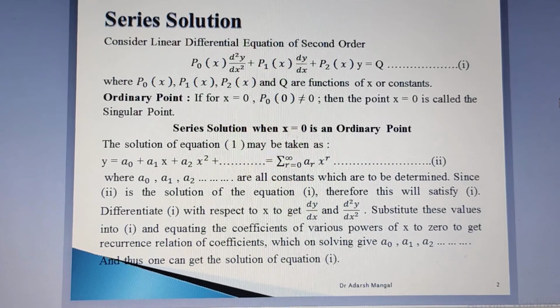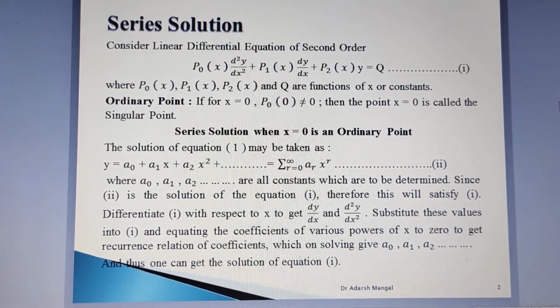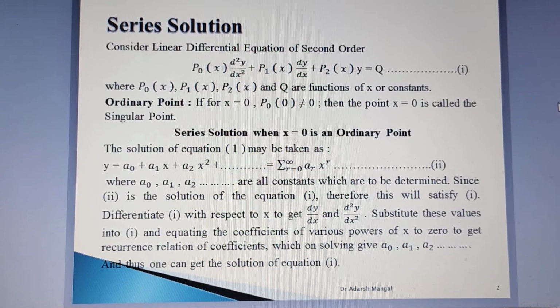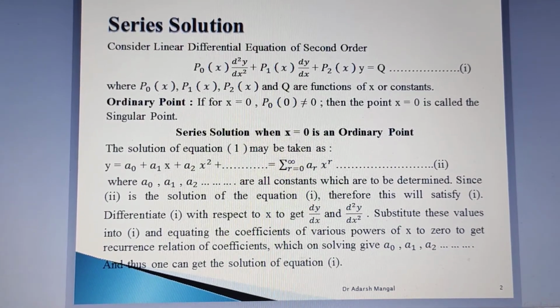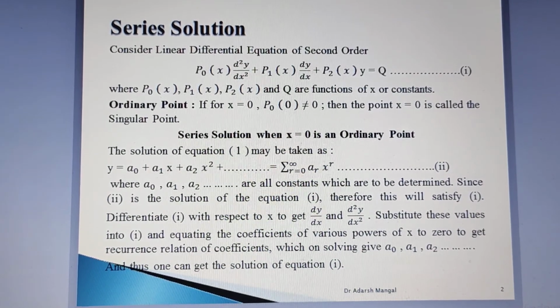Since the solution we have assumed, y is equal to summation ar x power r, r running from 0 to infinity, is a solution of the given equation, it will satisfy it.